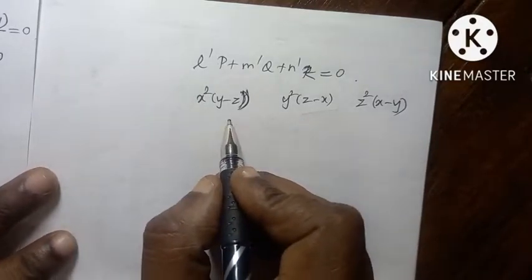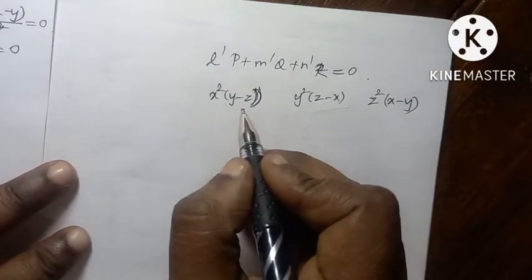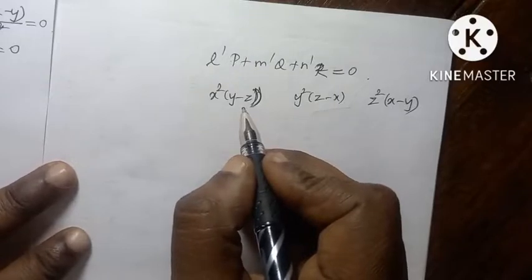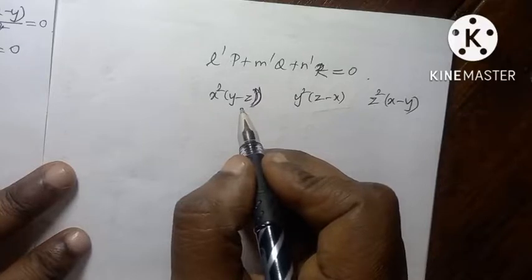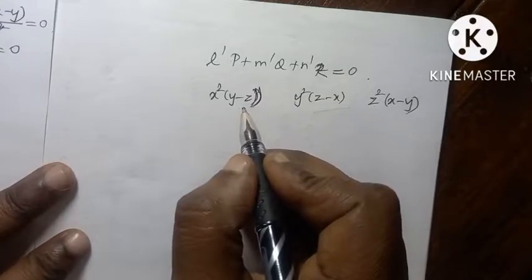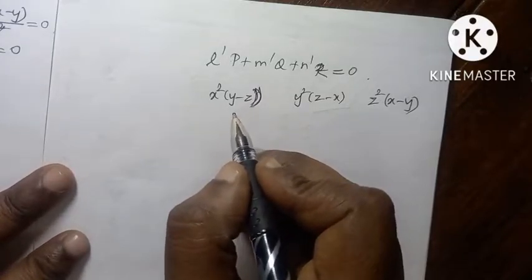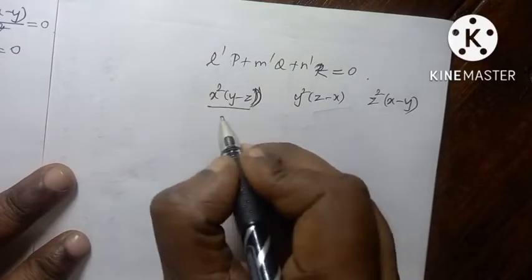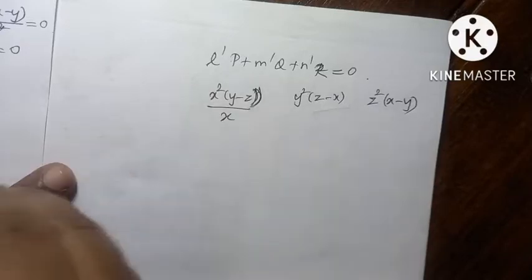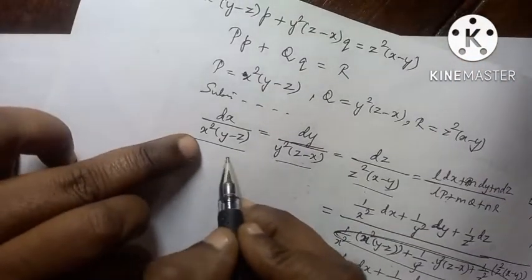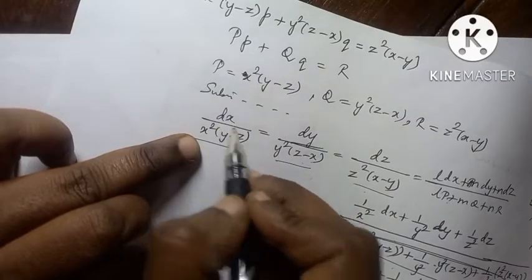Let us decide what can give the answer. Listen here, I told you already, right? Through practice you will guess the multipliers. No one can say, even in the first problem, the multipliers. So through practice you will guess. Okay, so if I divide this by x, whatever I do, I have to do for the numerator also. If I divide this by x, I have to divide the numerator also by x.